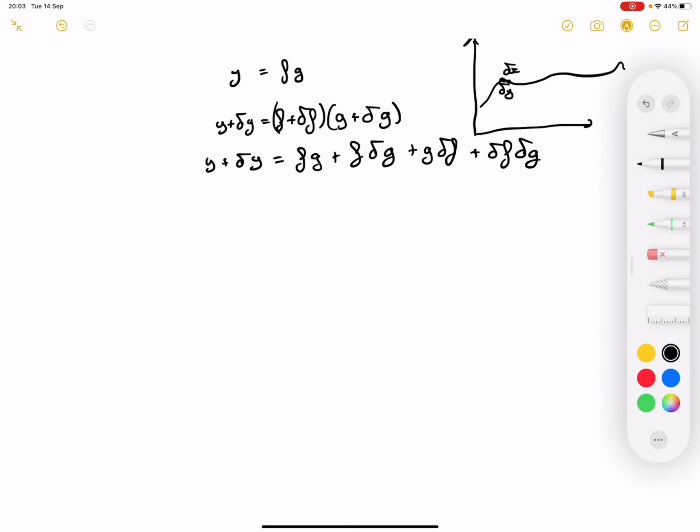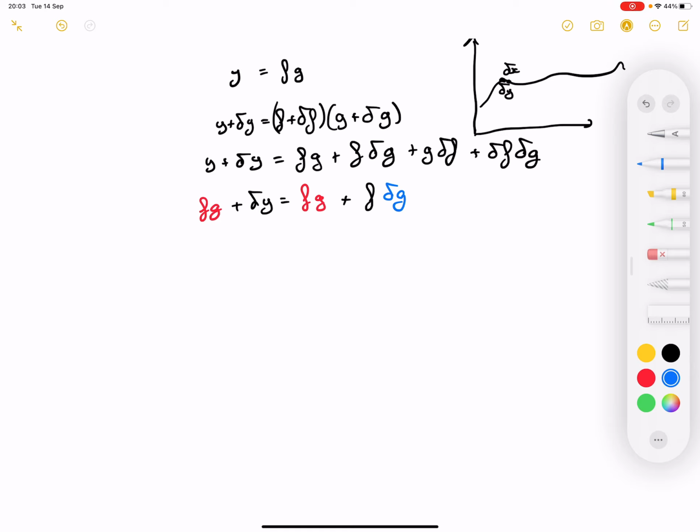Right, so if we remember that y is equal to fg, then we can say that fg, I'm going to write that in red because that's the important bit for the next one, f of g plus delta y is equal to f of g plus f of delta g.